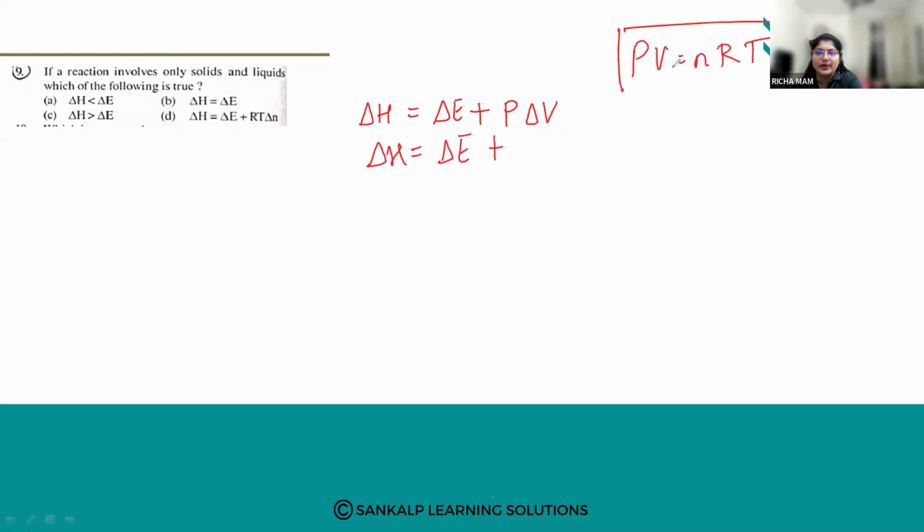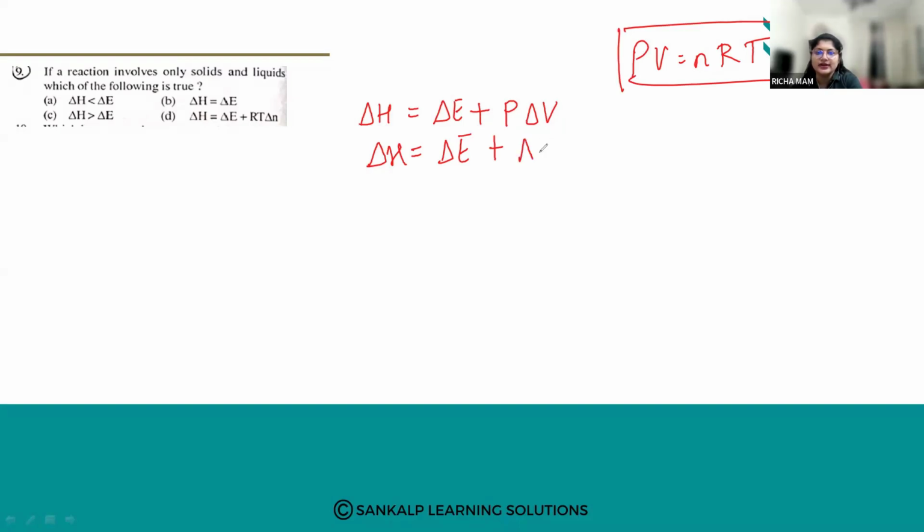So for solids and liquids, delta H, the change in enthalpy, is given as delta E, the change in energy, plus P into delta V. So delta H is equal to delta E plus PV, and from the ideal gas equation we know that PV is equal to nRT.